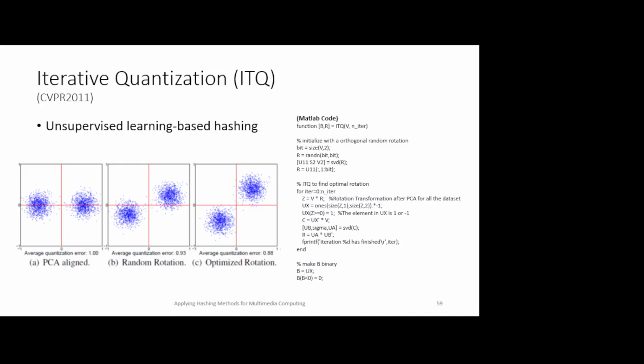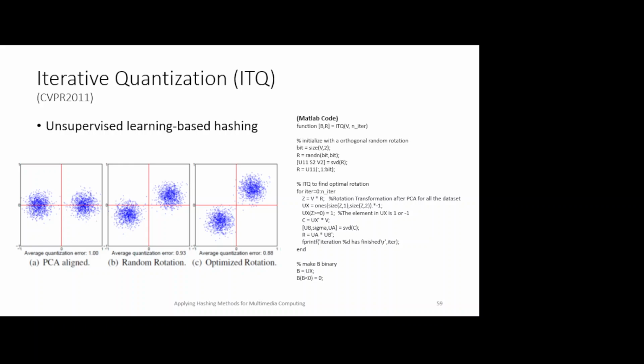Now we follow the same idea to assign this data to 1, 1, and here to -1, 1. We follow the same way, the only difference is the data is rotated, and we calculate the quantization error again.